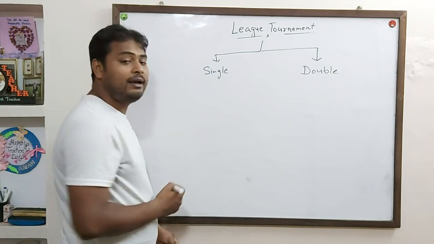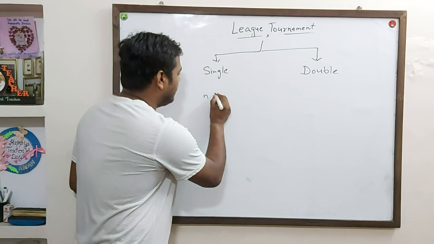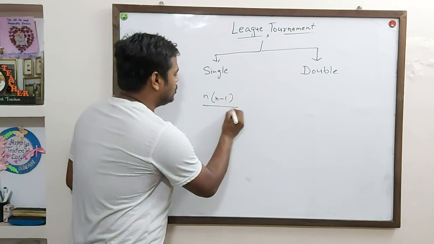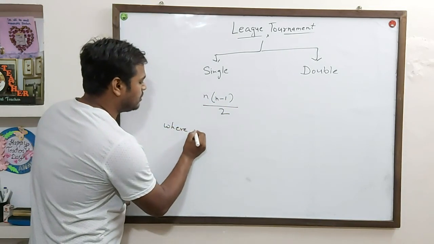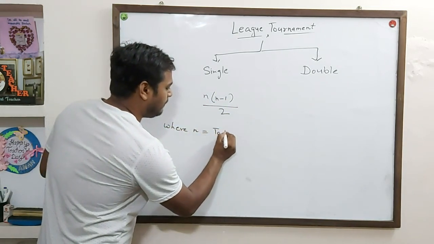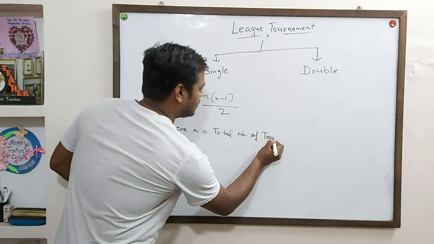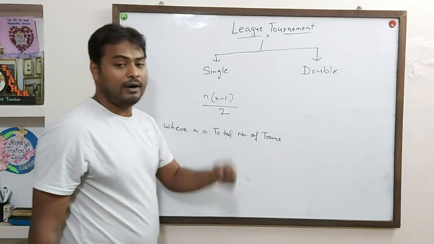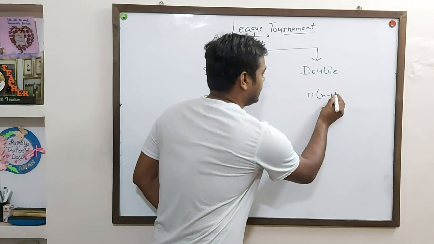In a single league, the formula to find the total number of matches is n(n-1)/2, where n is equal to the total number of teams. And the formula in a double league is simply n(n-1).